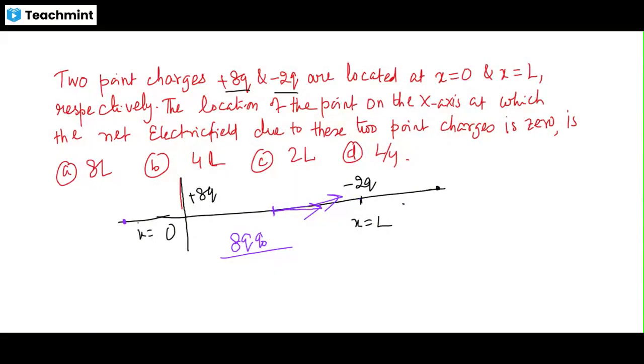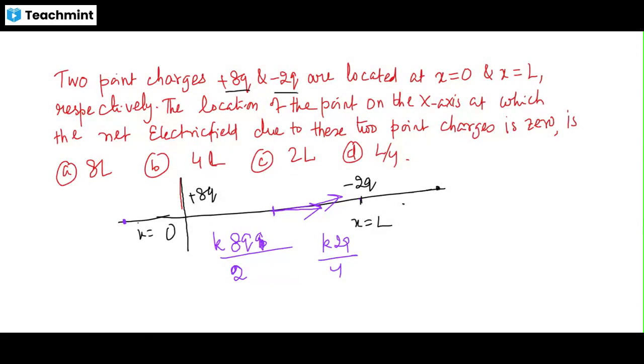On the left, the field is k8q at a small distance a, which makes it a bigger quantity compared to k2q at the bigger distance, let's say 4.